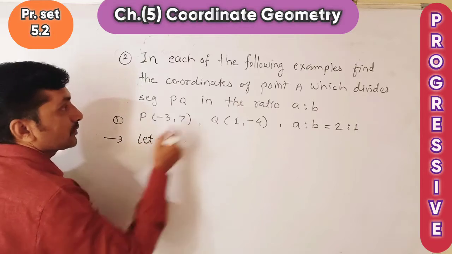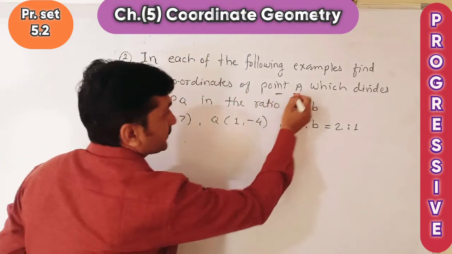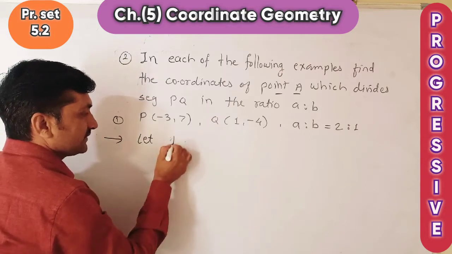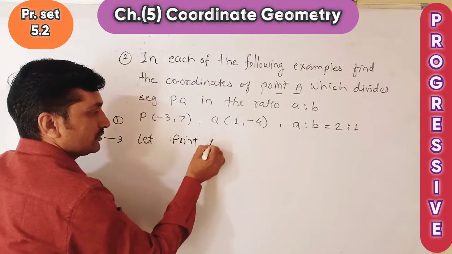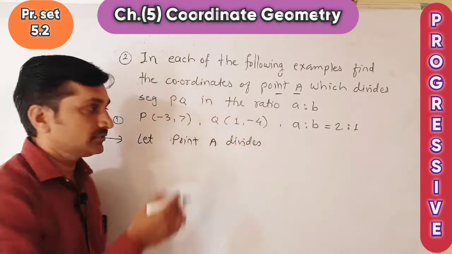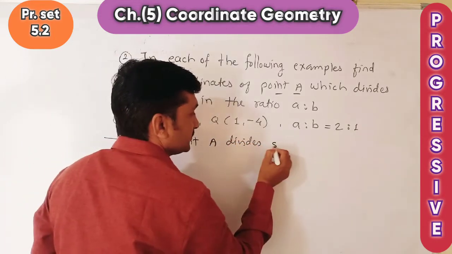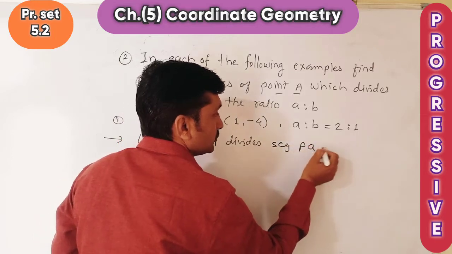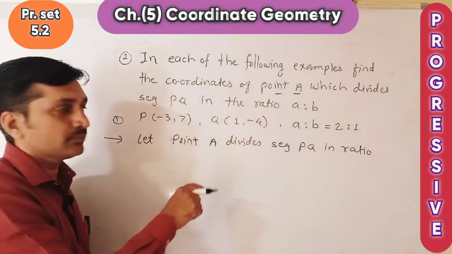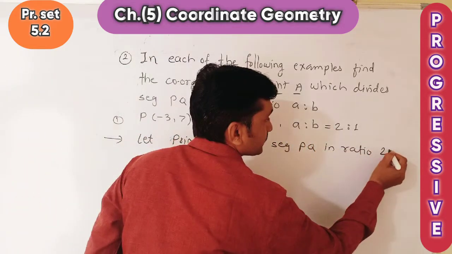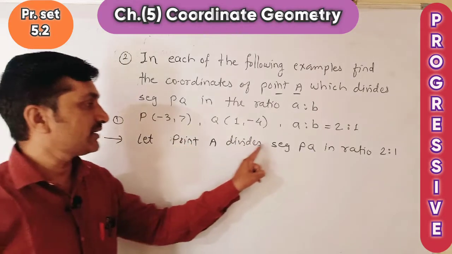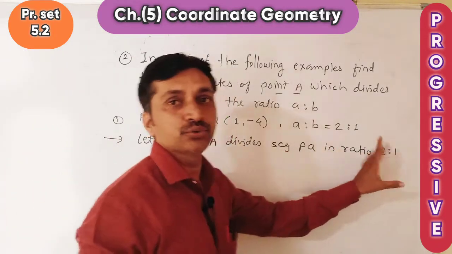Let point A divide seg PQ in ratio. And what is the ratio? In this example, the ratio is 2:1. Let point A divide seg PQ in ratio 2:1.